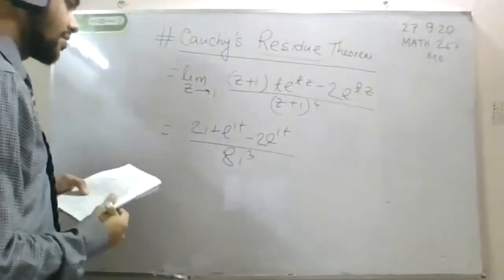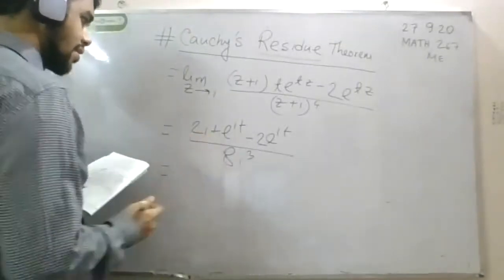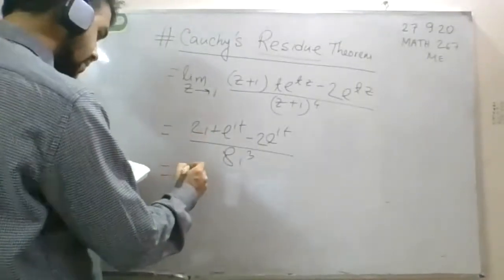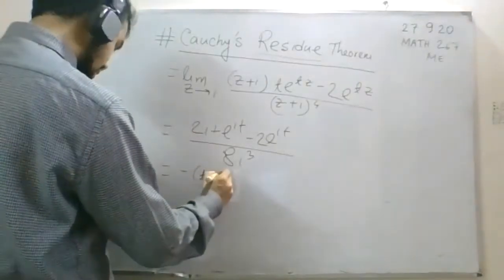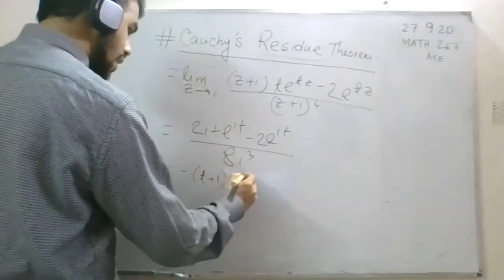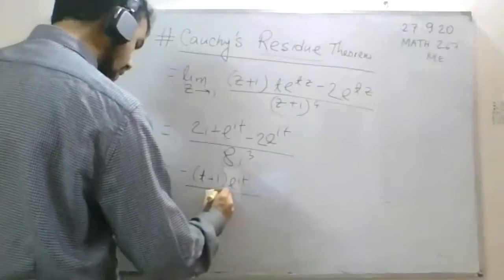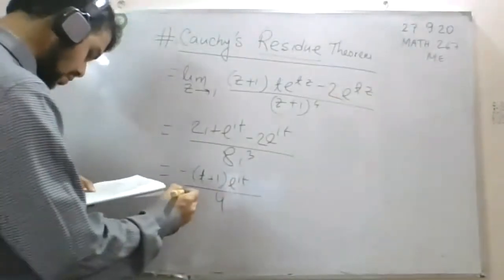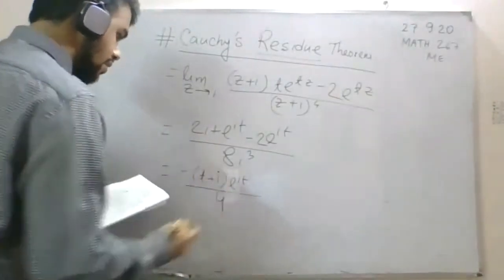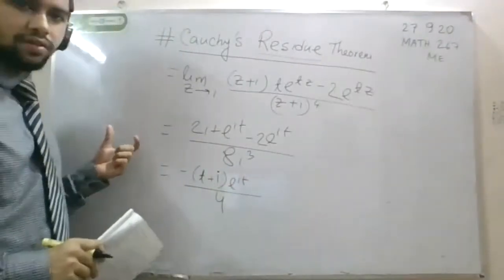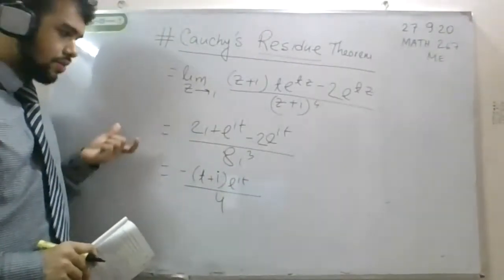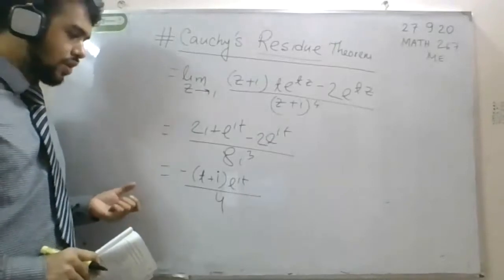Now simplify this equation. You get minus (t plus i) e to the power it divided by 4. So this is the result, the residue for z equals to i.